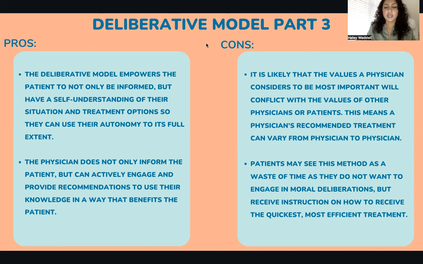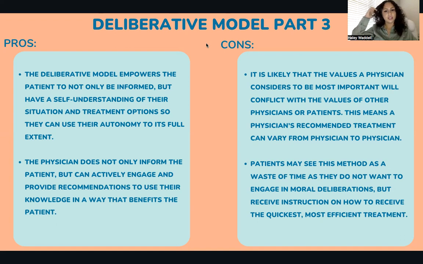Some cons to this deliberative model are it is likely that the values a physician considers to be most important will not always be what the patient thinks is most important or other members of the healthcare team think is most important. So, this means a physician's recommendation of what treatment they should go with can vary from physician to physician.